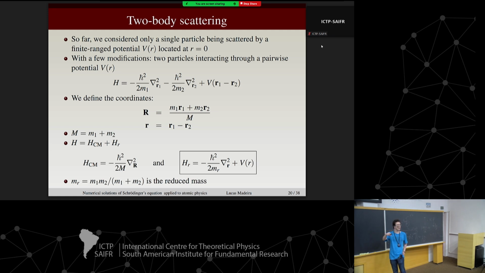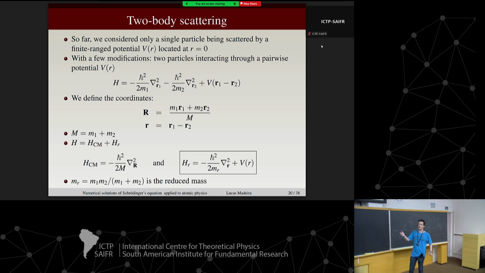It's just going to be a plane wave propagating with constant energy. Constant energy is not going to add anything to my problem. But what's interesting is the relative motion of the particles. This is non-trivial. This is the thing that I want to solve. And if you look at this, this is exactly the same equation that we were solving before for the one particle problem. The only modification that I made was I changed the mass for the reduced mass, right? It's just like what we would do for the hydrogen atom, okay?